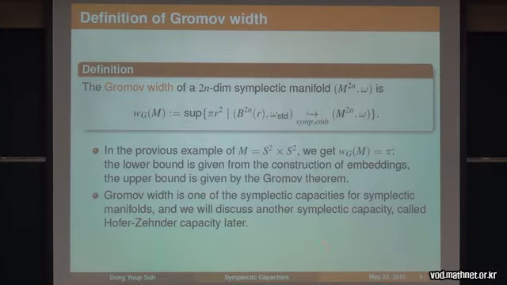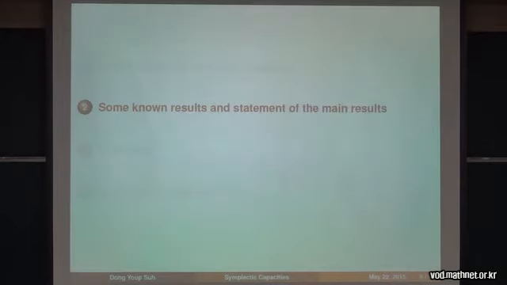So Gromov width is one of the symplectic capacities for symplectic manifolds, and we will discuss another symplectic capacity called Hofer-Zehnder capacity later. So, some known results: I will state the main theorem of this result.